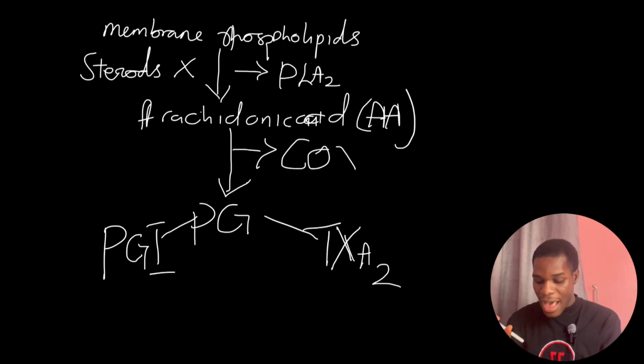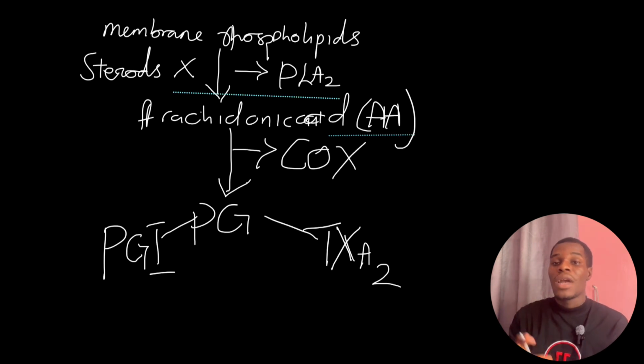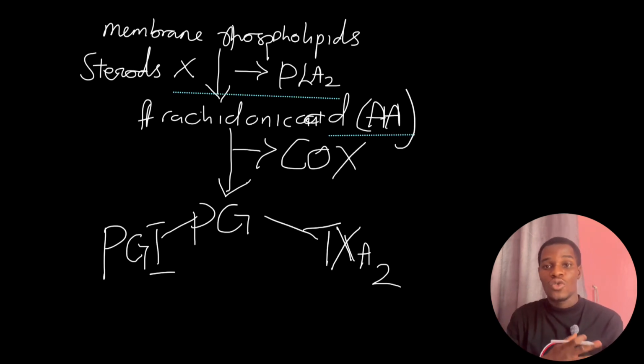Cyclooxygenase enzymes are basically of two types. We have COX-1, and we have COX-2.